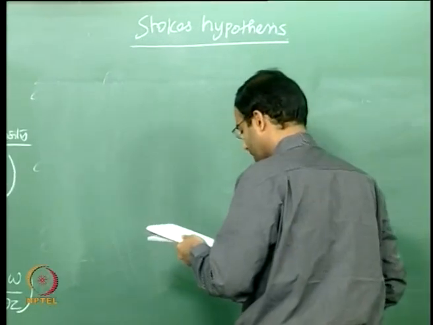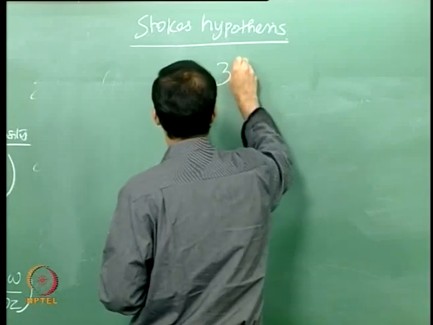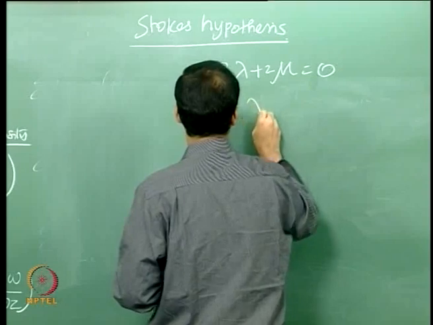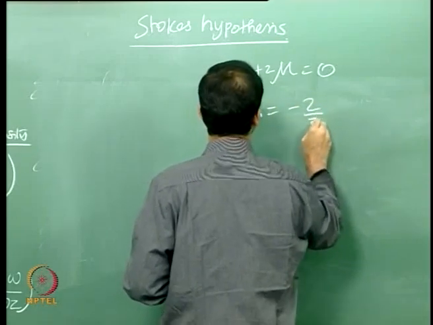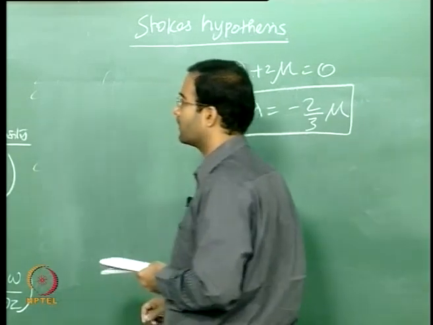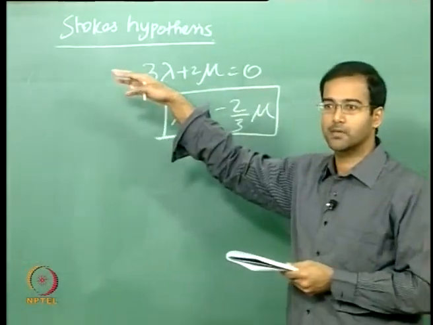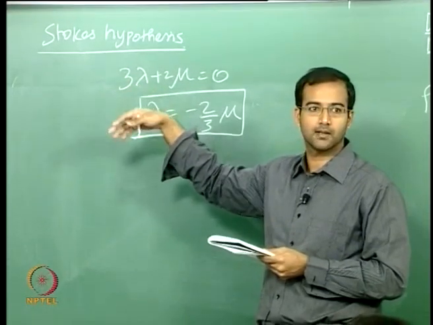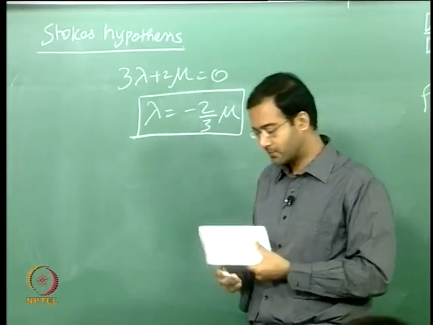What Stokes says is that if you introduce the fact that 3 lambda plus 2 nu equals 0, that means your lambda is equal to minus 2 by 3 nu. So this will give you a nice form of the relationship between sigma and the strain rates, convenient to simplify things a little bit.